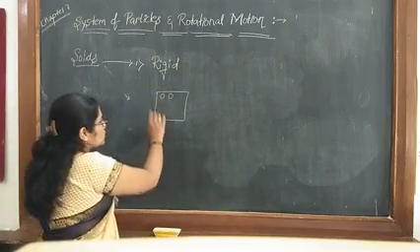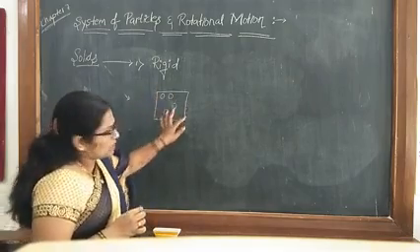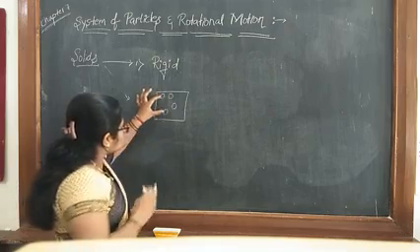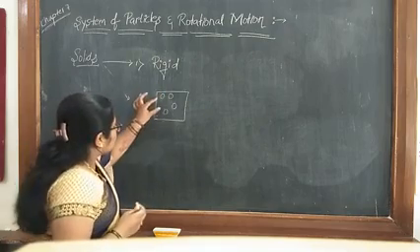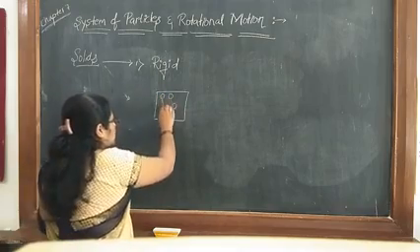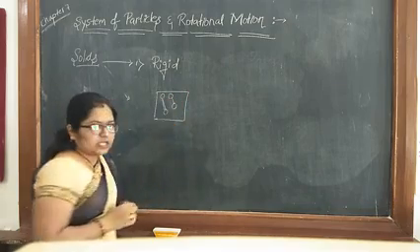So in this rigid body, consider just 4 particles. If you focus on these 4 particles, consider these as 2 pairs of particles, and these as 2 pairs of particles.